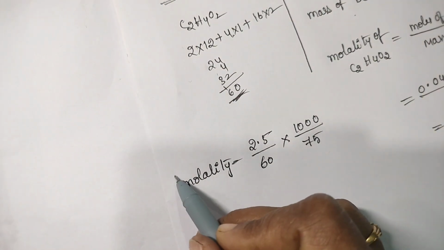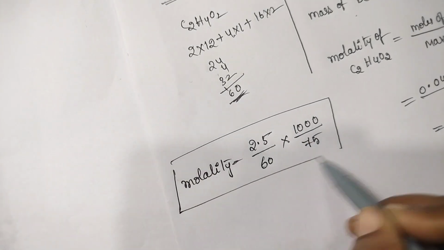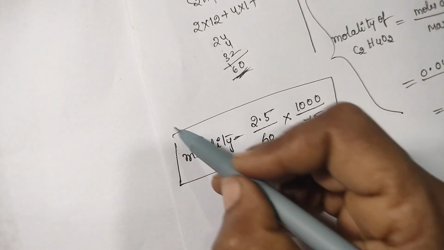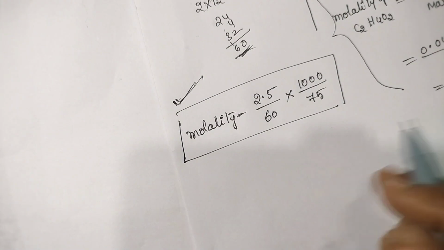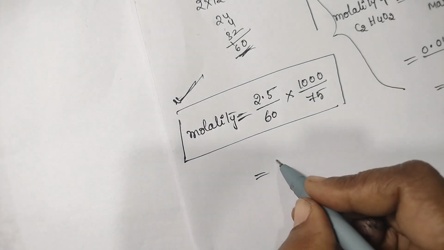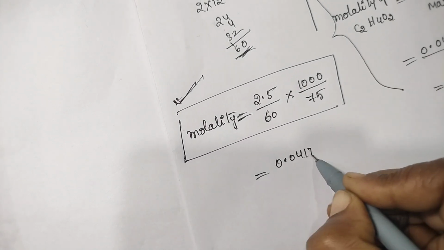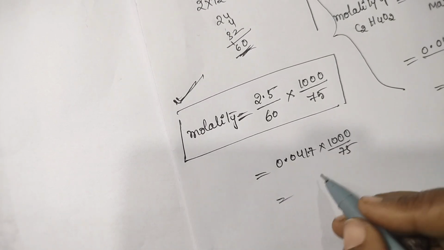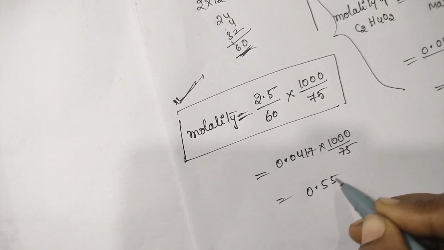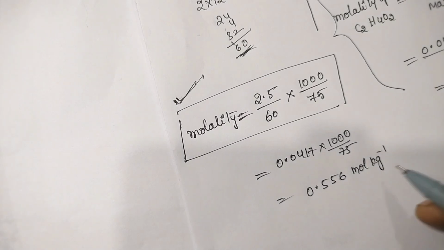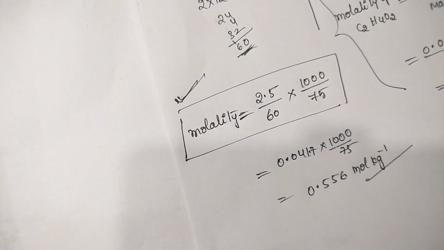So we can easily calculate by using this formula. This is a lengthy formula, so you can use this formula like this. So that is equal to 2.5 by 60 means 0.0417 into 1000 by 75. If we calculate this one, we will get 0.556 mole into kilogram inverse. So this is the correct answer.